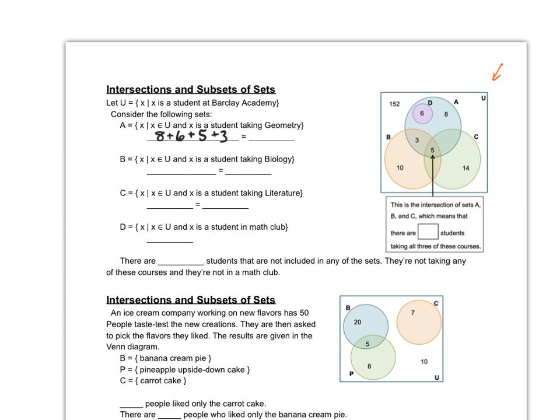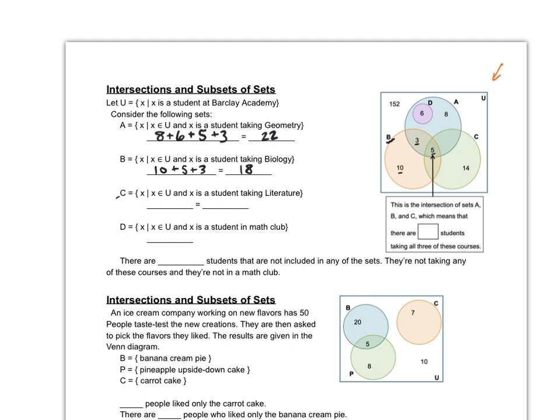I think that's going to be 22 students taking geometry. And then continuing on, B, X such that the students are taking biology here. So it looks like we have 10 students plus 5 students plus 3 students all taking biology. So we have 18 students there.